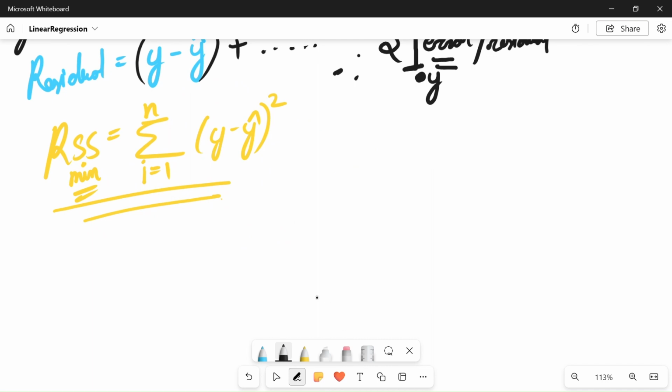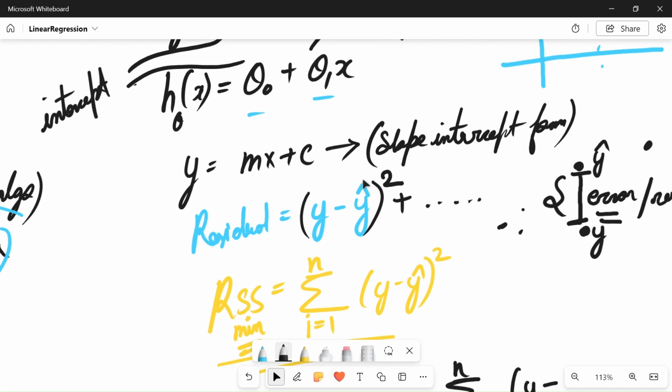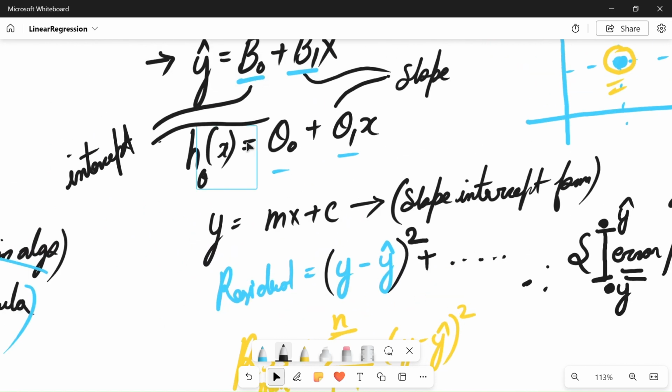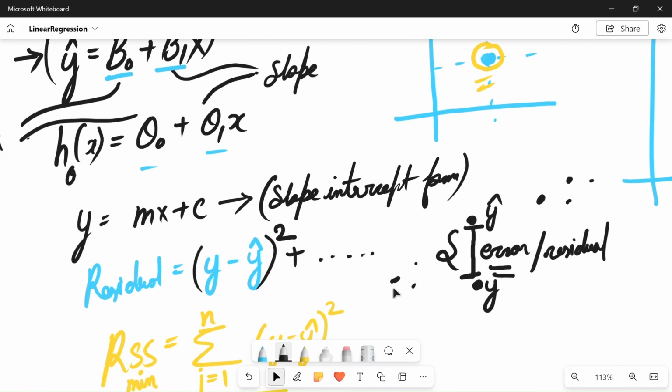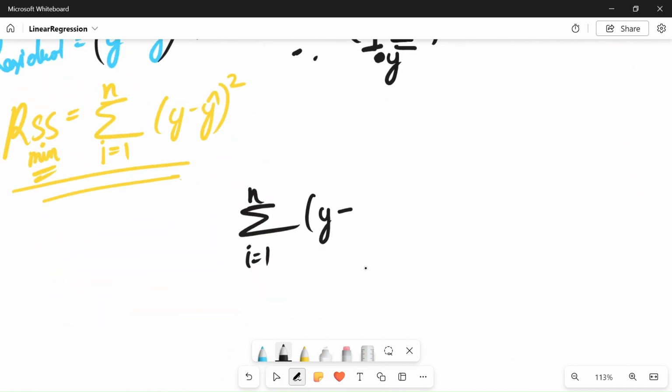Okay, let's go and differentiate this function. We have to find the minima, RSS min, for this particular expression: the summation from i equals 1 to n of y minus, and now I'll substitute the value of y hat from the first expression that we have into this function.